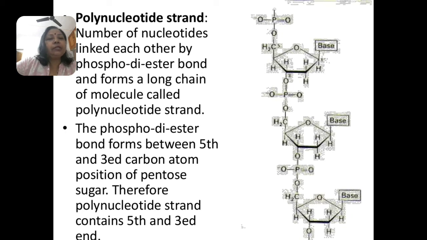The phosphodiester bond forms between the 5' and 3' carbon atoms, the positions of a pentose sugar. One end of the strand is known as the 5' end and the other is known as the 3' end. Therefore, a polynucleotide strand contains a 5' end and a 3' end.